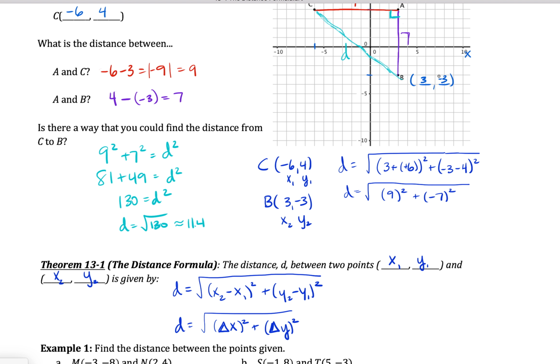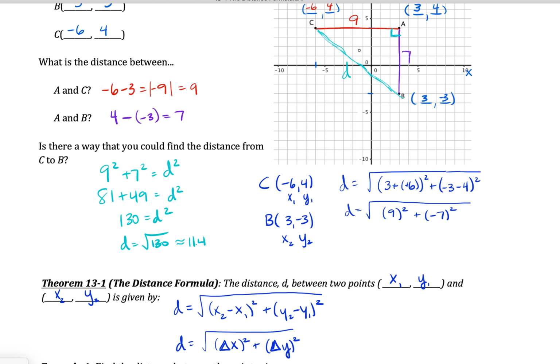This 9 up here in the graph is just how far apart the x coordinate for C and the x coordinate for B are. So the length of that red segment is how far apart the x's are for the 2 points B and C. The purple segment is how far apart the y coordinates are for C, which was up here, and for B, which is right there. So that purple segment is the difference between the y coordinates for C and B.